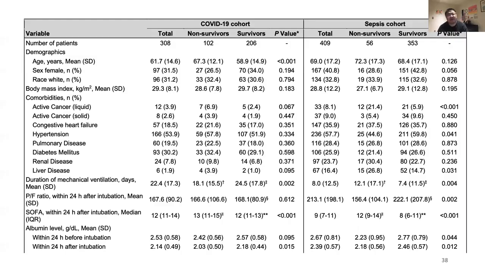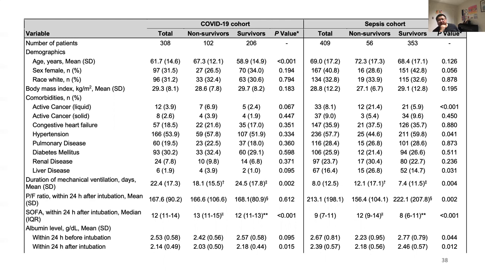patients. And this is a cohort characteristics summary statistics for both cohorts. We did a retrospective study at the New York Presbyterian Hospital, Weill Cornell Medicine, comparing, as I said, two critically ill cohorts with COVID-19 and sepsis. Adult patients in the COVID-19 cohort were admitted from March 3rd, 2020 to July 10, 2020.